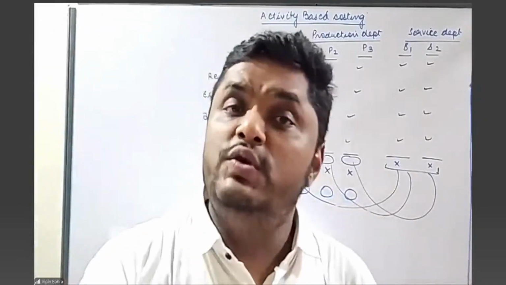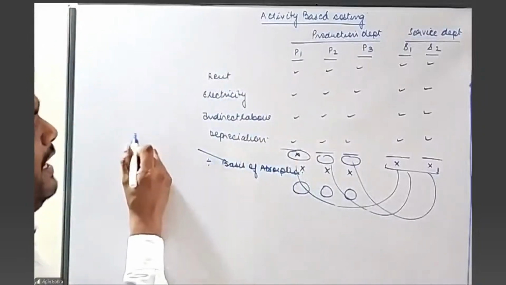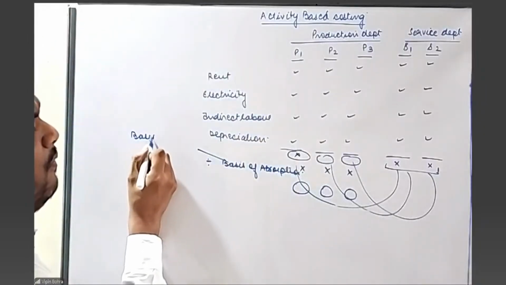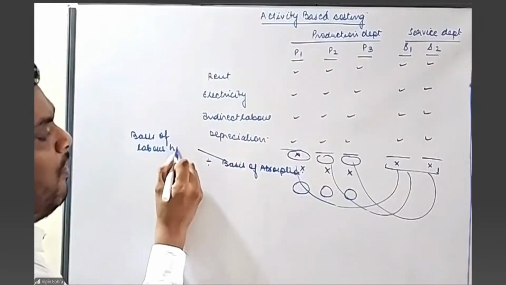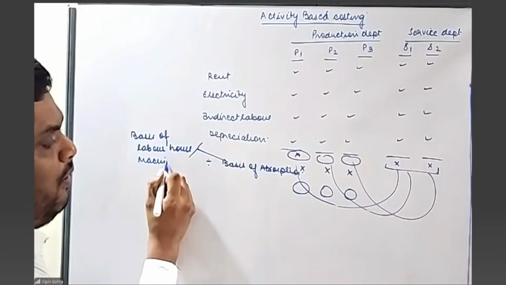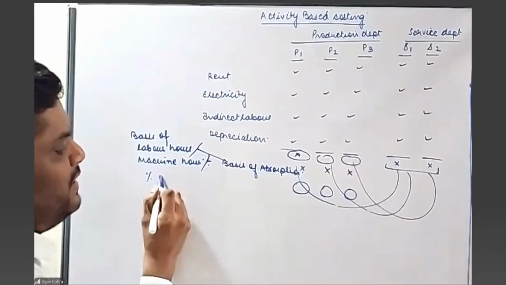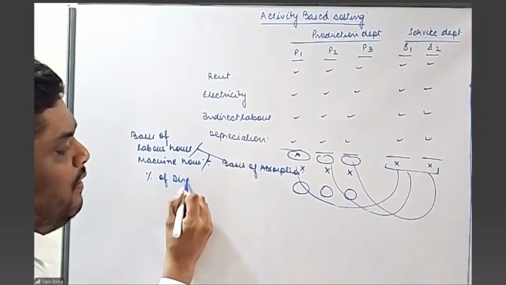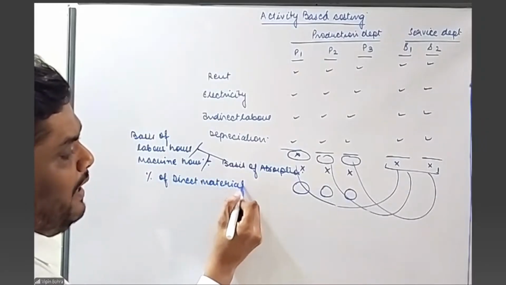So this is what we used to do in overheads. When talking about the basis of absorption, it can be on the basis of labor hours or machine hours, or on the basis of percentage of direct material, etc.